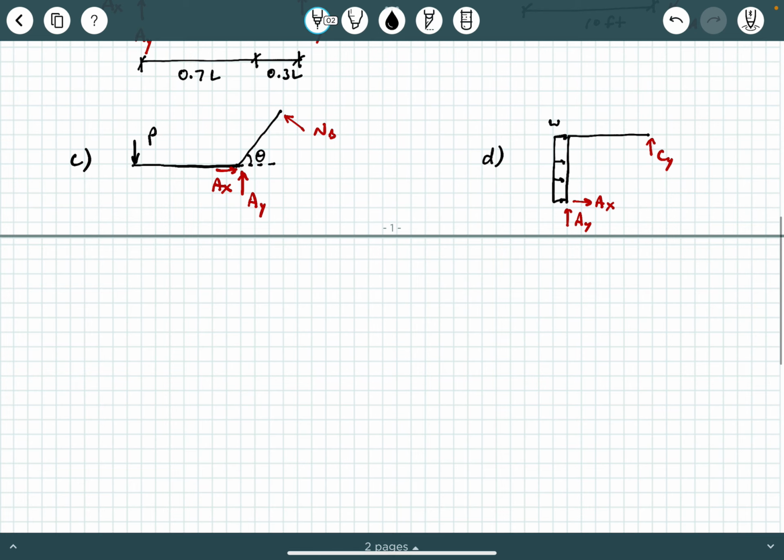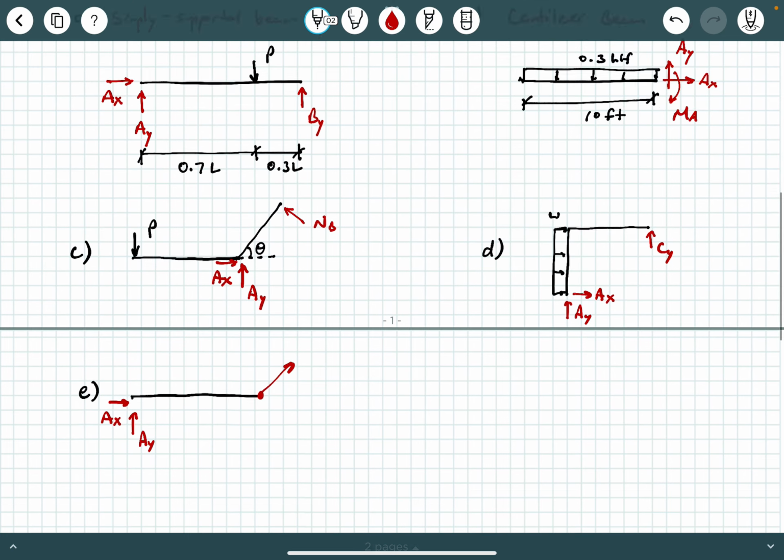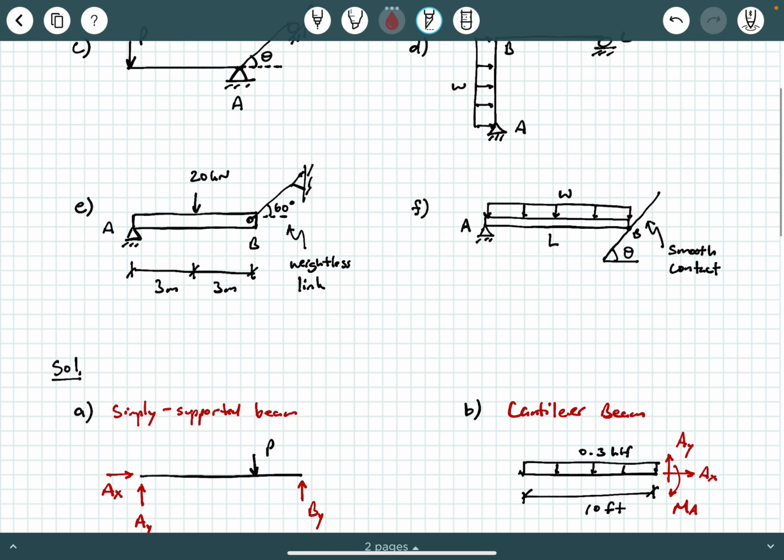Well, if I draw the free body diagram of that beam, point A is going to have, of course, an AY and an AX, and that weightless link is going to have a tensile force here along the line of action of the link, which means it's at that 60-degree angle, okay?